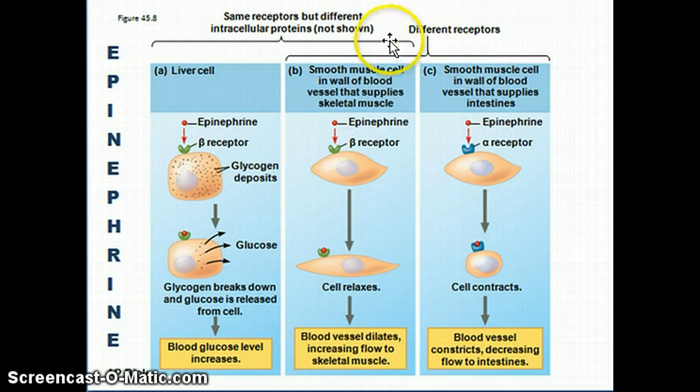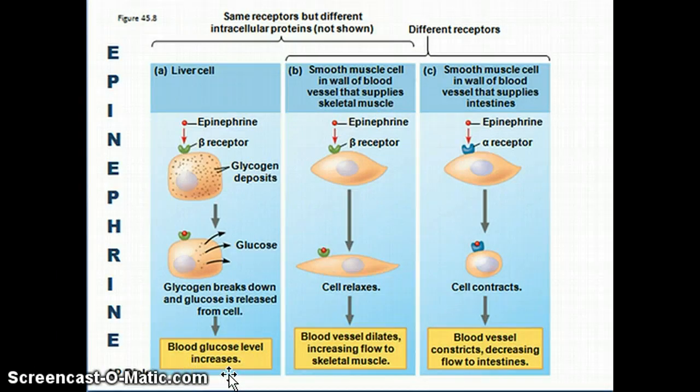Other times we're going to have the same receptor but have different proteins within the cell. So in this case we have a liver cell versus a muscle cell. And in the case of the liver cell, we end up with a level of glucose being affected by epinephrine.